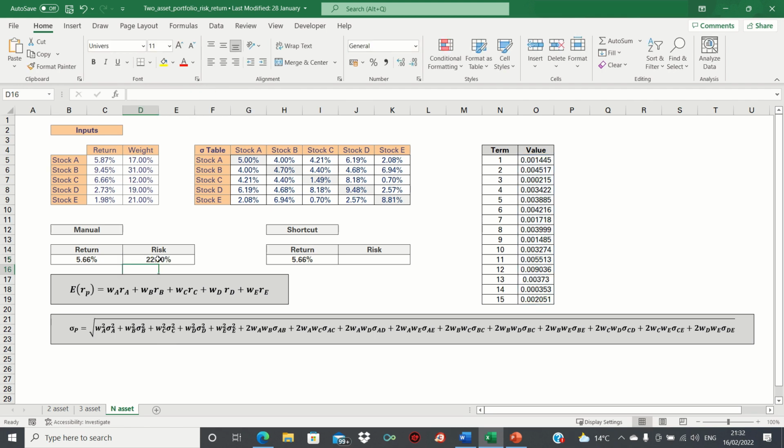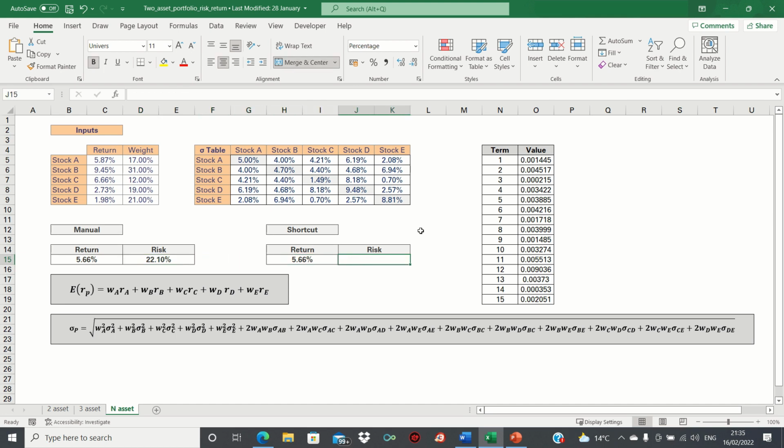Therefore, the standard deviation of the portfolio is 22.1%. As you've noticed, this is not only time-consuming, but also a very error-prone process, and we're only accounting for 5 stocks in our portfolio. Let's now consider a much easier and more efficient way.